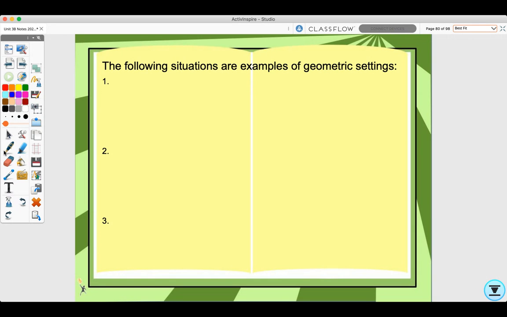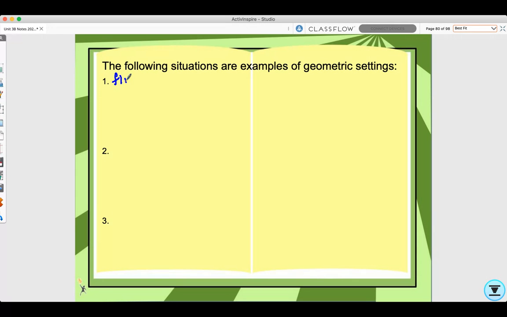One, if you flip a coin until you get a head. You roll a die until you get a 3.